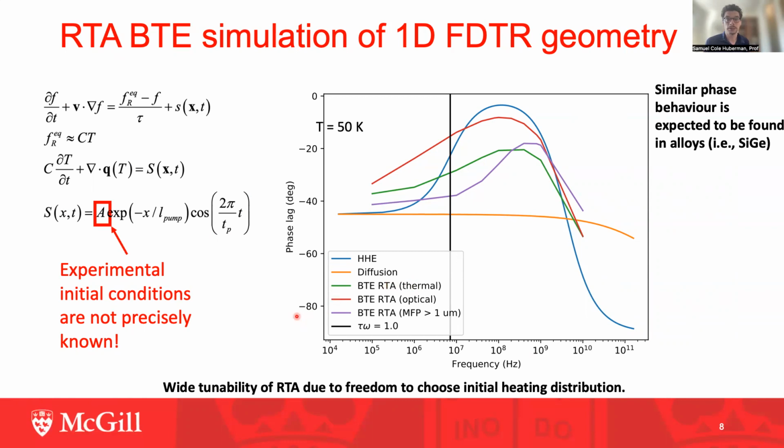And typically we use something called the thermal heat distribution, where the relative contribution of a given mode is determined by that mode's specific heat. That seems to work well for many experimental measurements, but it's not always the case, and we have seen this in other materials like silicon and diamond as well.